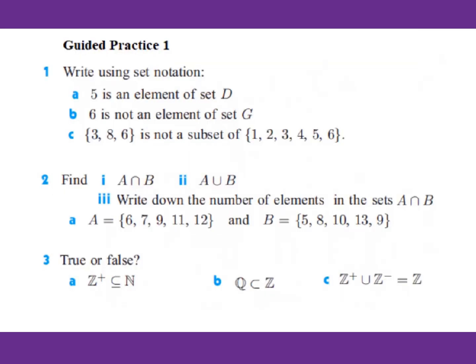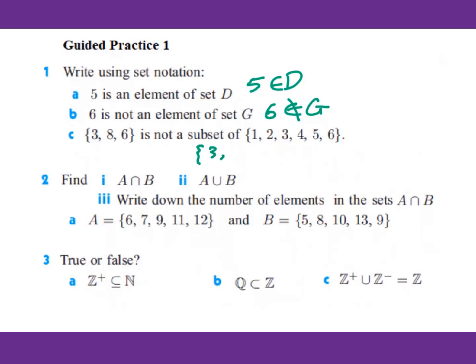Guided practice 1. Write using set notation. 5 is an element of set D. So we write down 5 is an element of set D. 6 is not an element of set G. So we write 6 is not an element of set G. {3, 8, 6} is not a subset of {1, 2, 3, 4, 5, 6}.